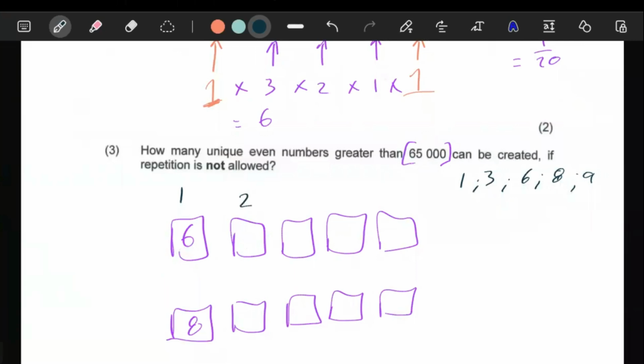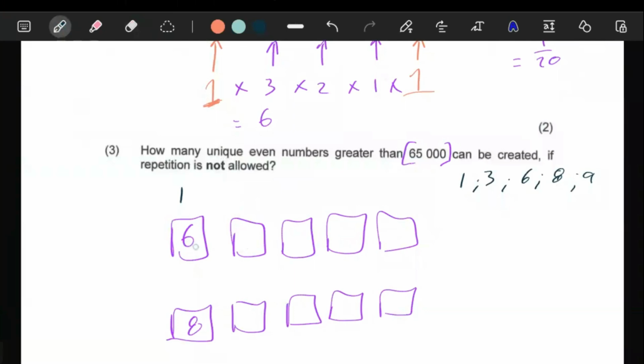But the big idea is, this is where things really do get a bit tricky. You cannot have two options here, as in considering the 8 and the 9. The reason for that is you have to always work with your restrictions first. So in this situation, we're saying our numbers start with a 6.